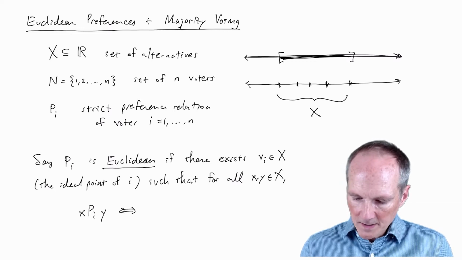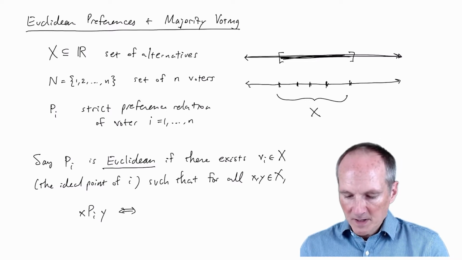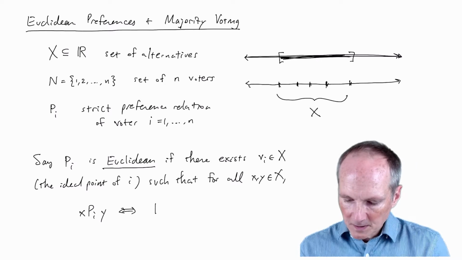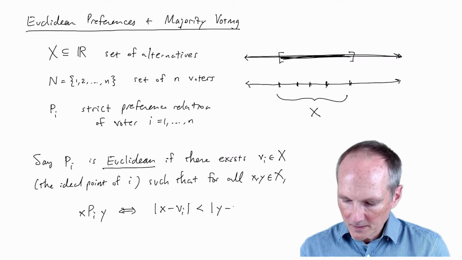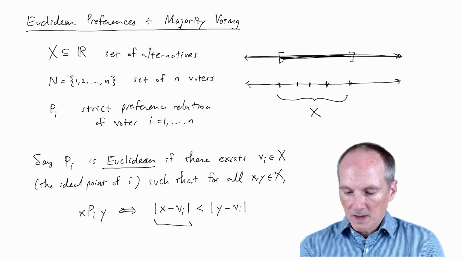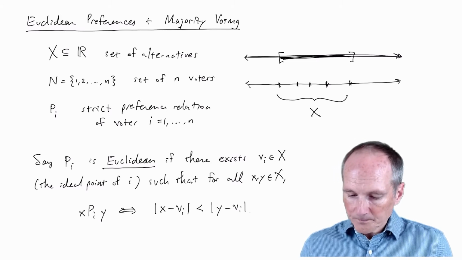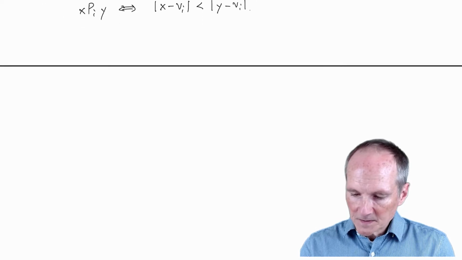And so I'll write that as a logical biconditional. x is preferred to y by this voter if and only if it's closer to the voter's ideal point. And I'll just use this absolute value notation here. For example, this is the distance from x to the ideal point. All right. So with Euclidean preferences, obviously every voter's preferences would have a utility representation.